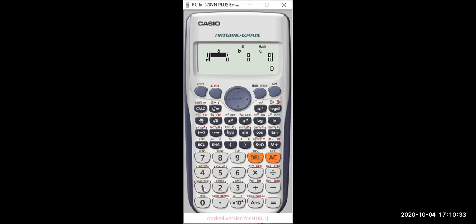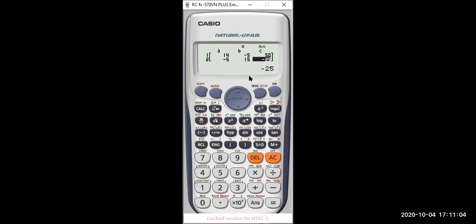It is asking me to enter the values. 14, minus 5, 50. Second one, minus 5, 15, and minus 25.